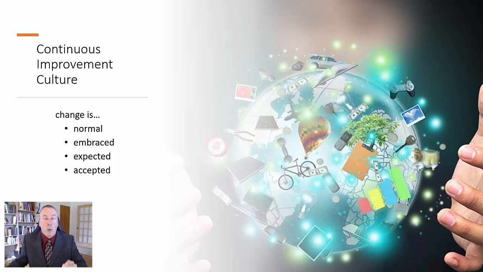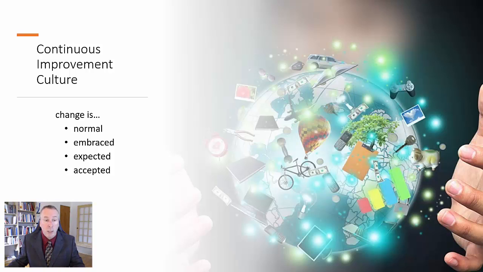Meaning, employees know change will occur. They understand change will occur because of internal factors like we addressed, or external factors. So they expect it, but they also accept it. Therefore, when change does occur, something internally or externally, they accept the change.